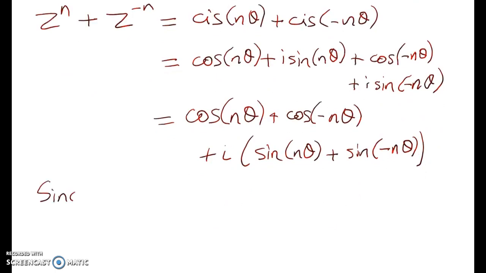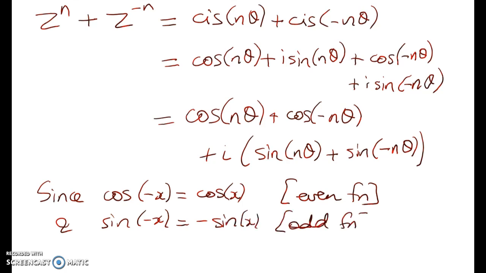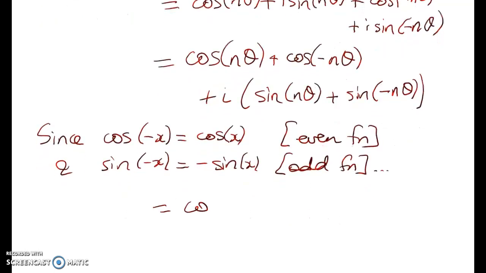So since cos of negative x equals cos of x, even function, and sine of negative x equals negative sine x, odd function, we can write this equals cos n theta plus cos n theta, and you know the rest.